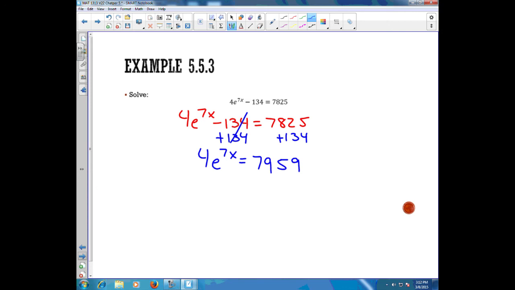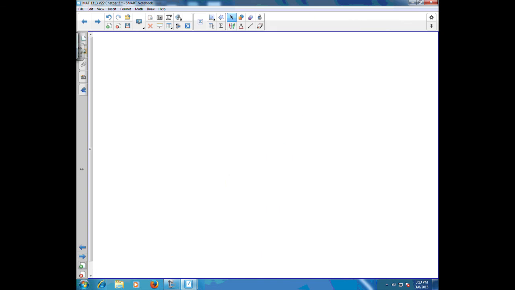So we still want the e part by itself, so now we want to divide by 4. If we divide by 4, we get e to the 7x is equal to 1989.75. So let's move to the next slide from here.